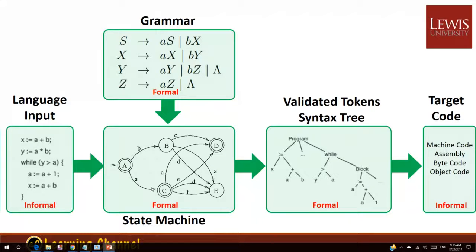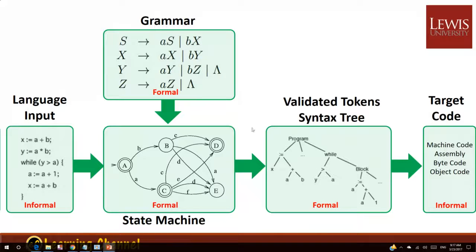Then we use that state machine with the proper input program to generate validated tokens. That's for regular grammar or regular expression, for tokens. Or we generate a syntax tree, which is a proper declaration, and then it becomes something useful to generate the machine code.